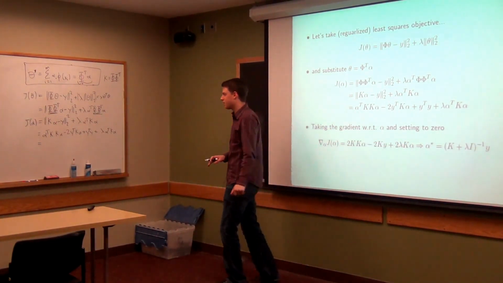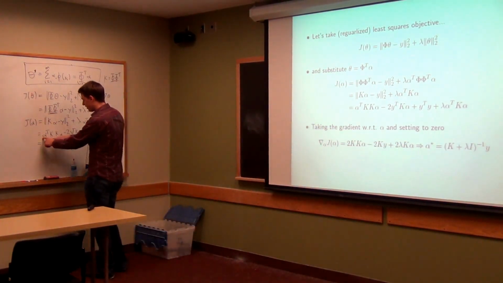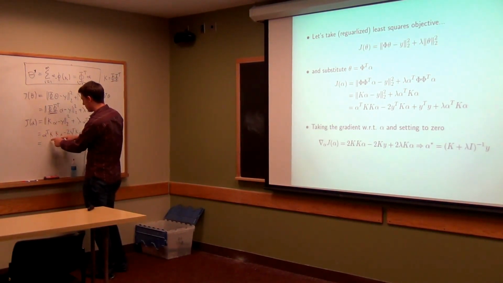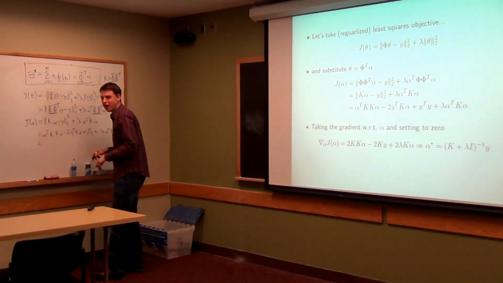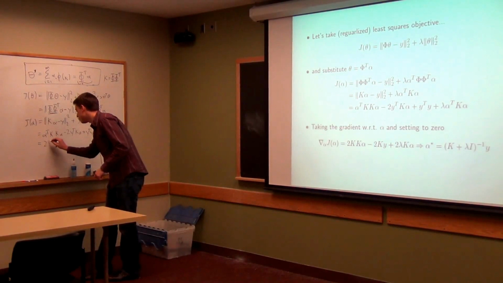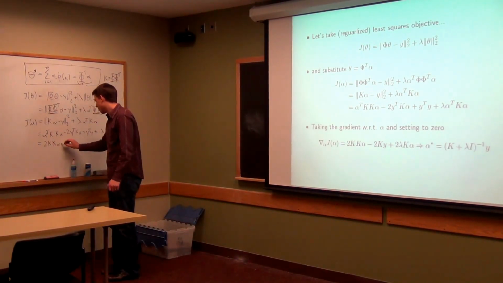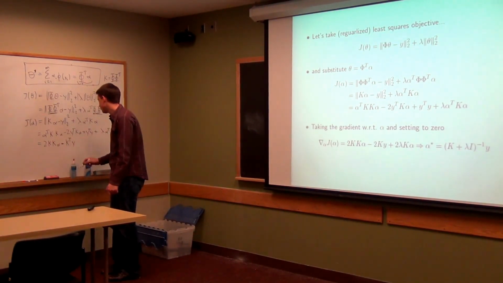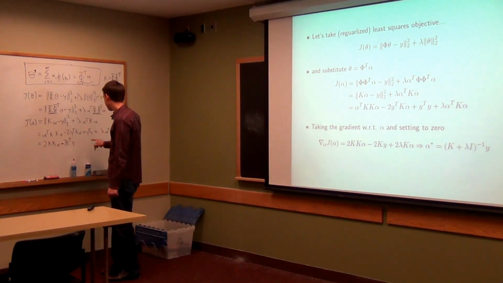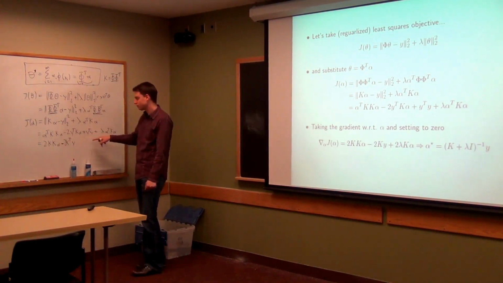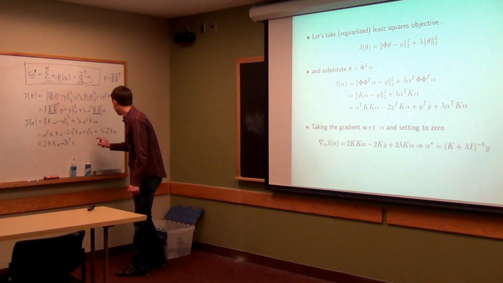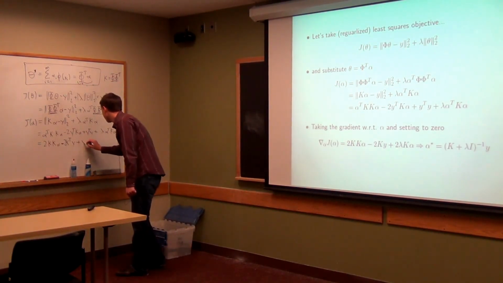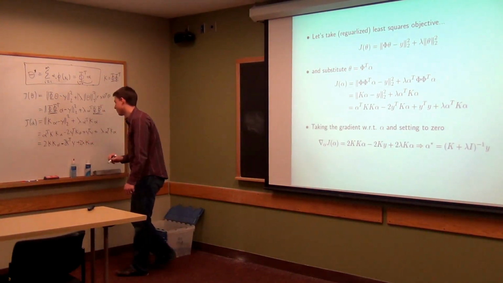Remember, this is something transpose a big matrix times that something, and the gradient there is just going to be 2K K alpha minus 2K transpose y. This doesn't depend on alpha at all. And this term is going to give plus 2 lambda K alpha.